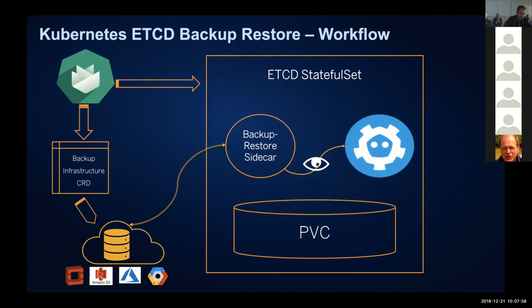As a part of the initialization call, the backup restore sidecar will first check the data directory on the PVC attached to the container, and it will validate whether the data directory structure is valid, whether the DB file is valid, and once it is valid, it will say to etcd to continue your bootstrap process, and etcd will bootstrap.